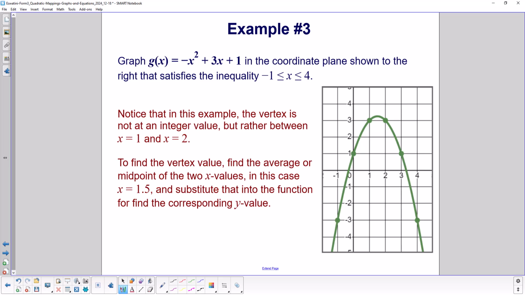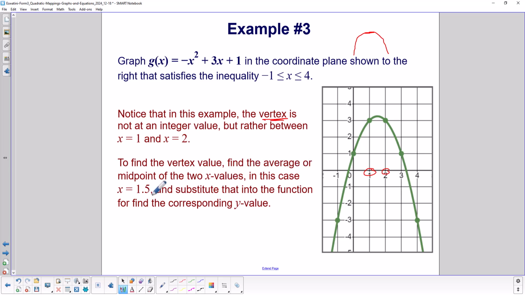And here's the explanation for that. The vertex, which is the top, is not at an integer value, but rather between x equals 1 and x equals 2. And that's what we drew on the last slide, because a parabola is not shaped like a curve and then a straight line and comes down. To find the vertex value, find the average or midpoint of the two x values.